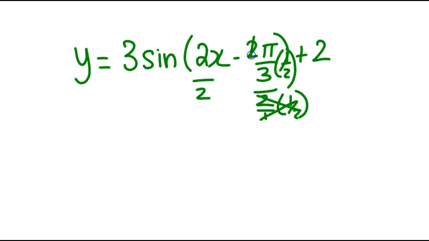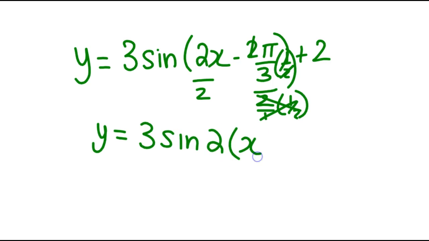So that means these 2's are gone. What this looks like when it's simplified is the 2 is now on the outside. We have the x, and now we're left with a pi third, with the plus 2 at the end.